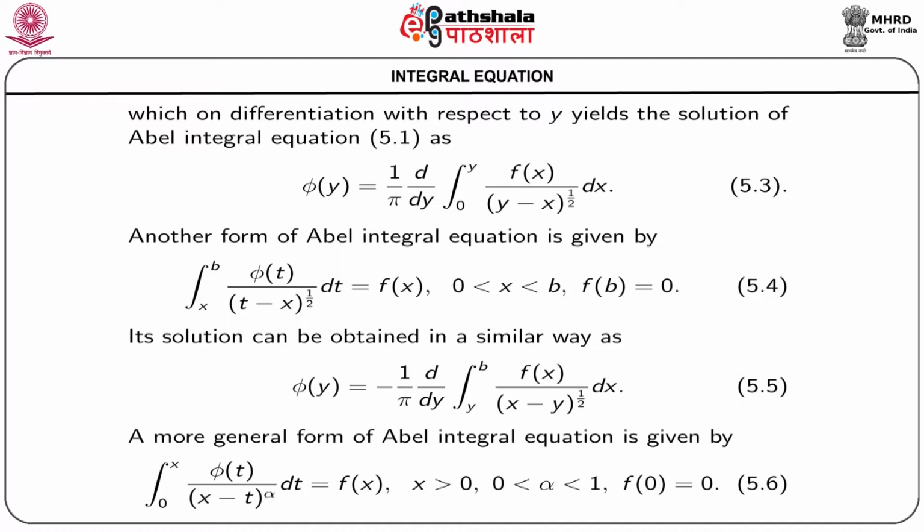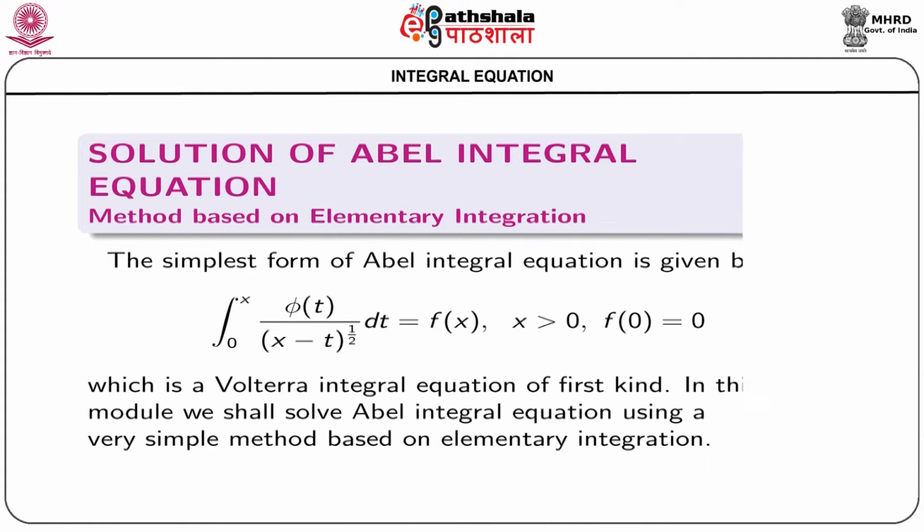Now, in equation 5.3, here phi(y) is the solution of Abel integral equation 5.1, where the upper range of integration is variable.